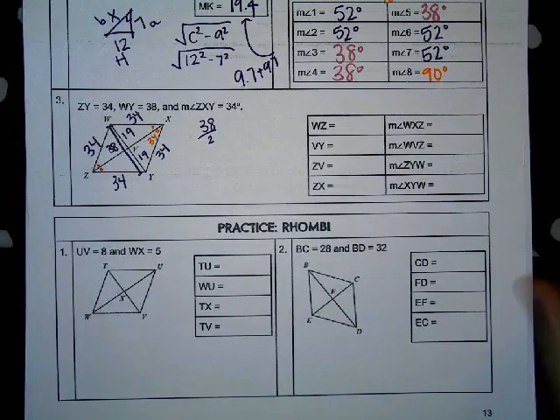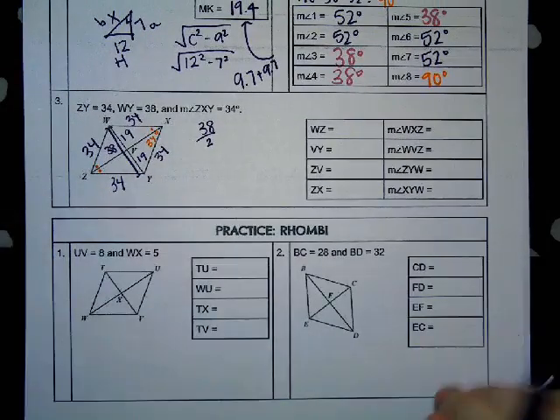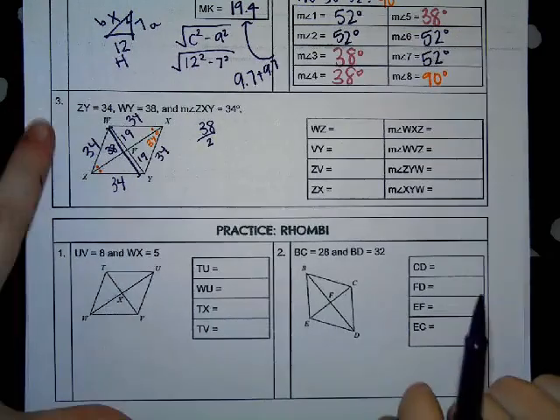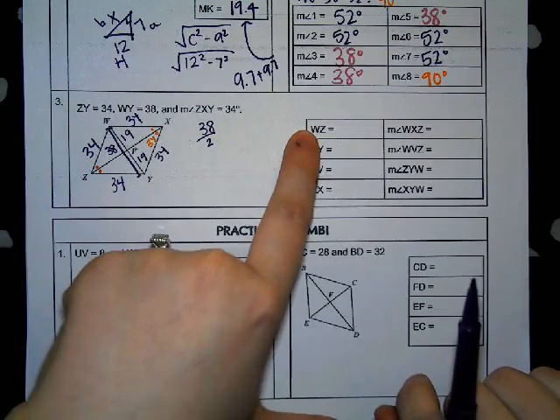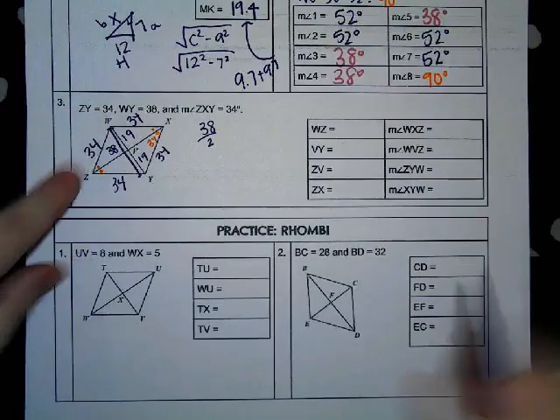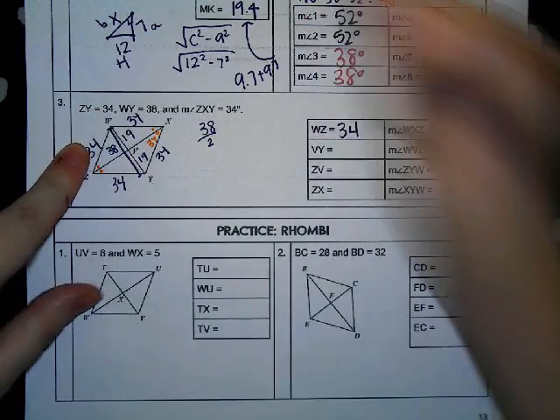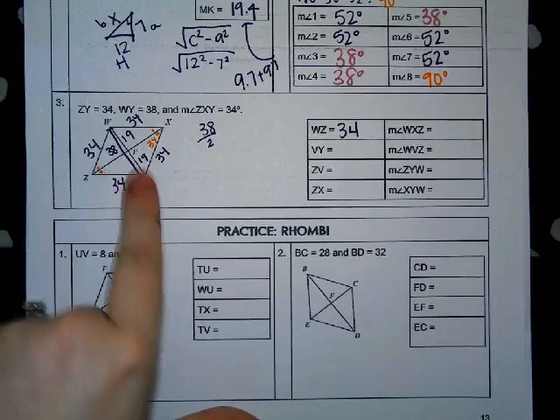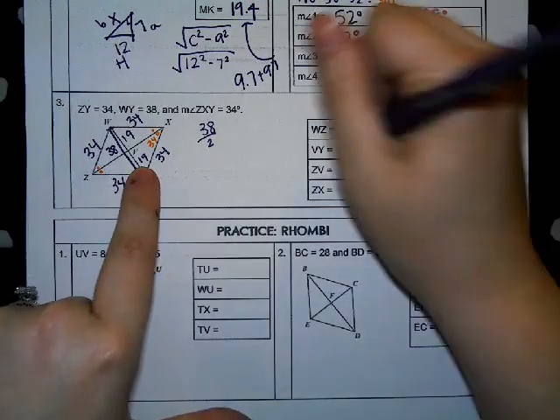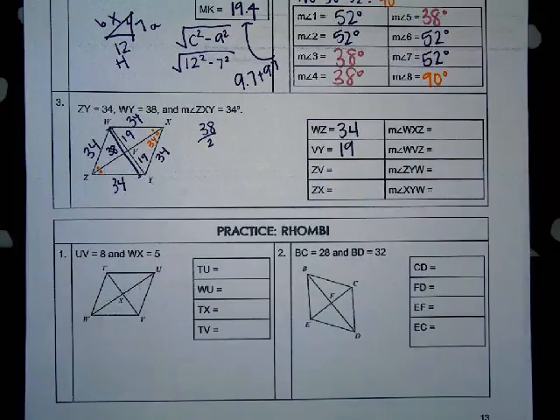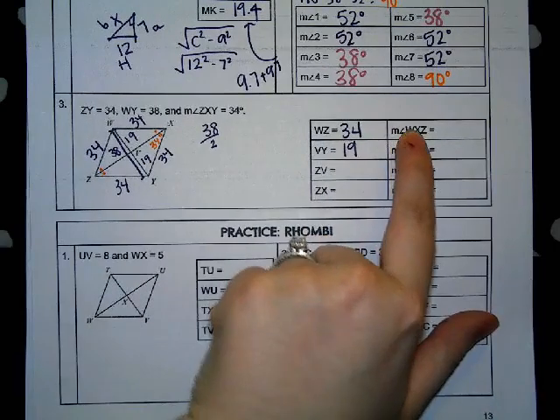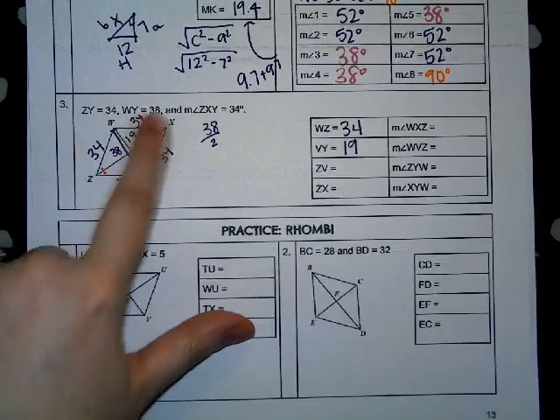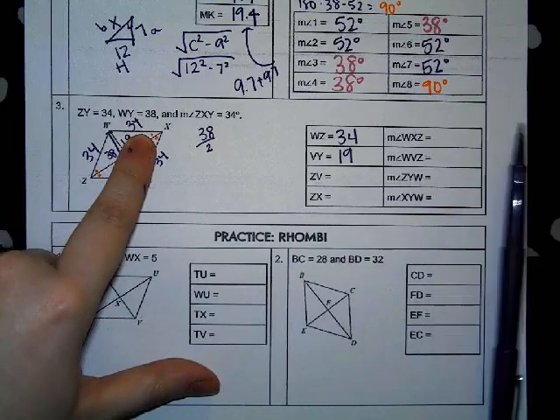Now I'm going to go see what I can fill in based on what I've got. I need WZ, that's this leg on the outside, 34. VY, that's this half right here that I already calculated, 19. I need ZV and ZX. I don't have either of those, so we're going to have to think through that. Now come to my angles, WXZ, that middle part, which is the angle we're looking at, has an orange dot.